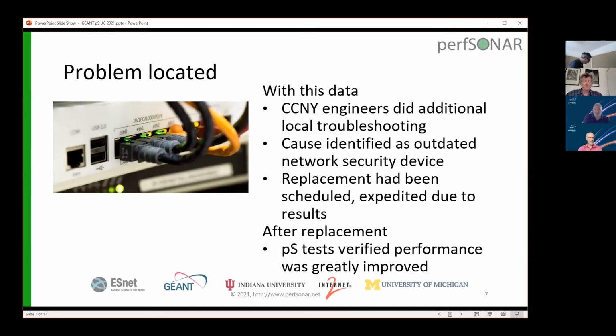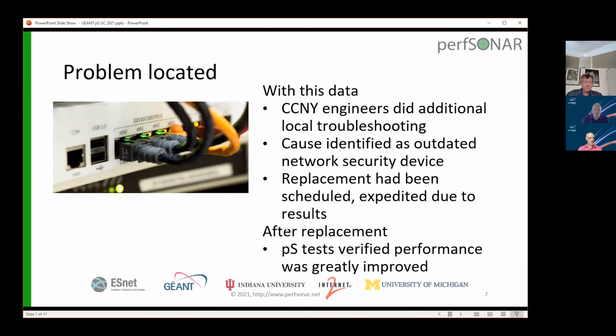That network security device had actually already been scheduled to be replaced. I don't know the exact timeline they had for it, but because of this data that we were able to find using perfSONAR showing that it was causing issues with transfers, they actually expedited the replacement of that equipment. And I think within 2 weeks, they had the new equipment installed, configured, up and going.